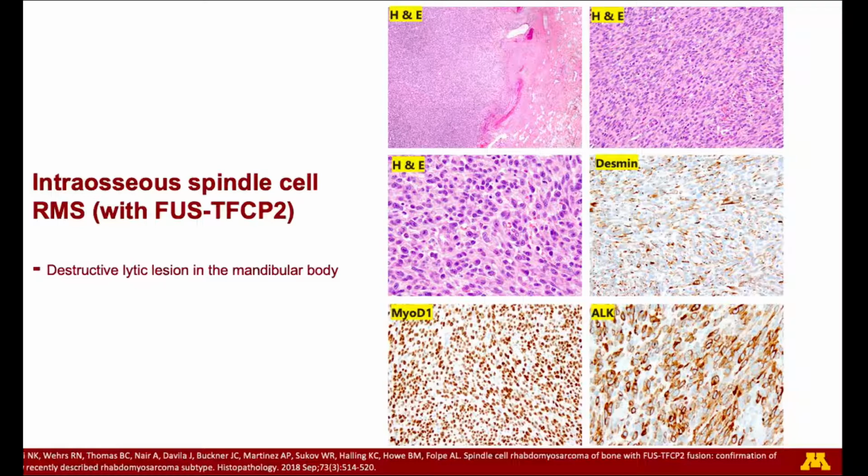Histology of the tumor cells shows they grow in long fascicles consisting of relatively monomorphic spindle cells with a moderate amount of eosinophilic cytoplasm and also areas with epithelioid morphology. Desmin and MyoD1 highlighted the tumor cells. A strong expression of ALK was also present in this case, as we discussed already.